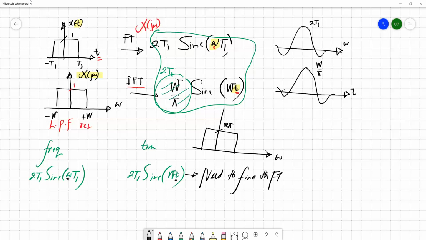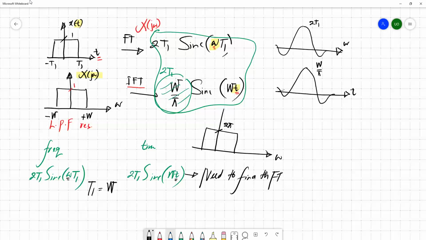And these values, what about this one? In time domain, those are T1 and minus T1. So by looking at this one, we see that capital omega is equal to T1. If this mapping works, then T1 is equal to capital W. So these functions are exactly the same.